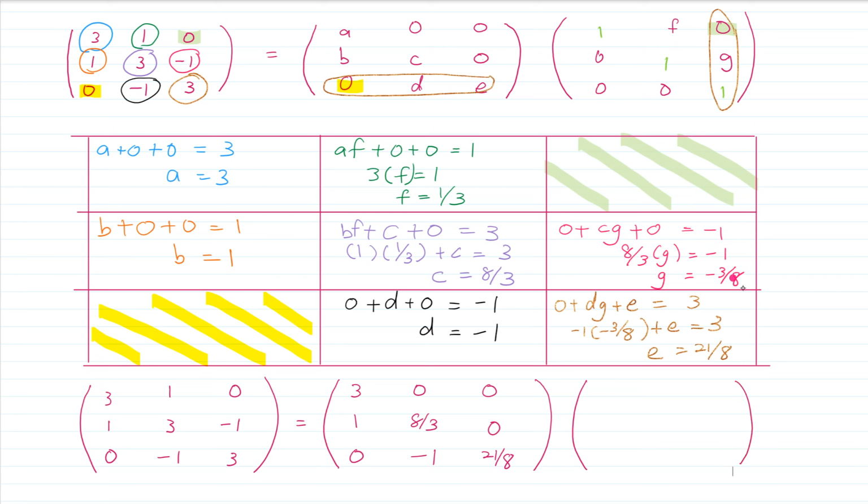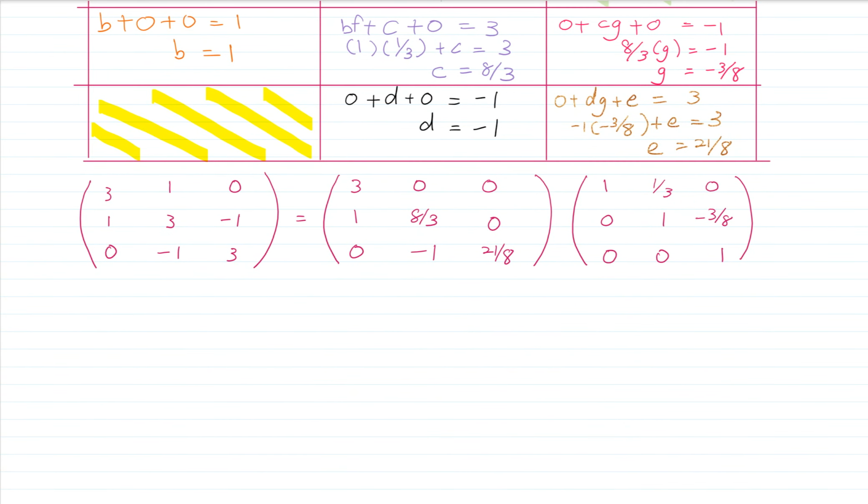Same with the U. Now we have here 1, 0, 0, 1, 0, 1. F here, take from this, F is 1 over 3. Here we maintain 0, and G from the table, minus 3 over 8.